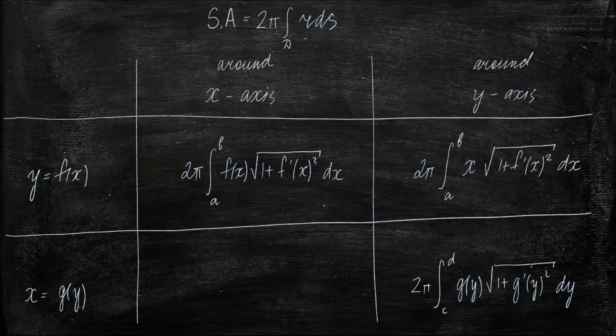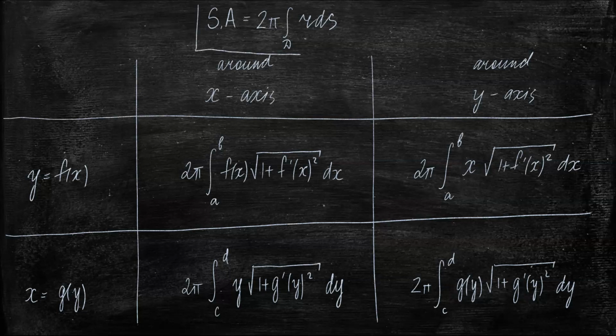And similarly here, if your function is given to you as g of y, you can interpret the radius of rotation simply as y and set up your problem like this. Isn't it great? So just by remembering this single formula, you are very flexible in terms of your ability to set up and solve problems.